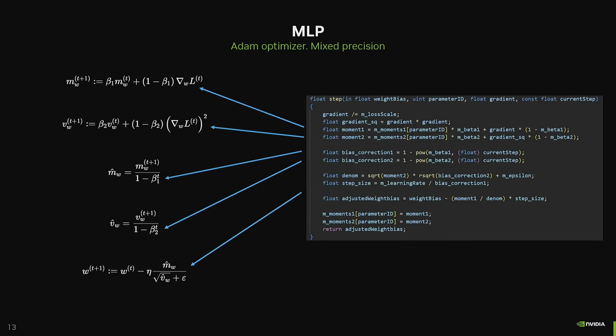And in this optimizer, we have just 2 moments and some unbiased corrections, and in the end we have a transition from one set of parameters of the neural network to another using the learning rate and some additional small numbers. It's all part of the Adam optimizer. Again, that step is run on the GPU as well.